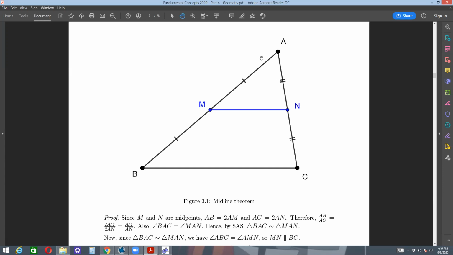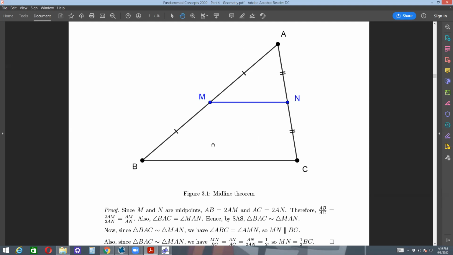So AB divided by AC is AM divided by AN, and the included angle is the same in both because this angle doesn't change. Angle BAC is the same as angle MAN. And because of that, we can use the SAS condition for similarity. It means that triangle BAC is similar to triangle MAN.